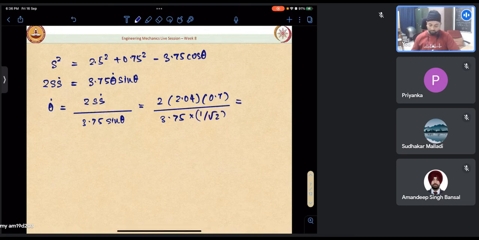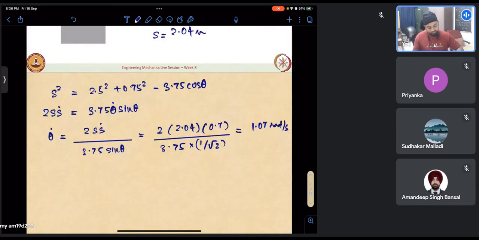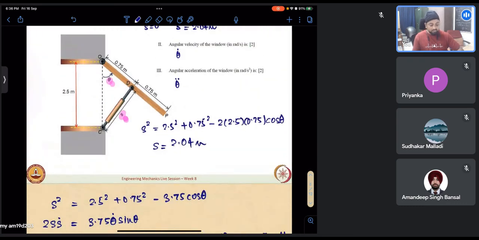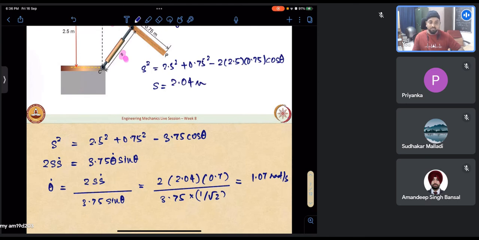What will this come out to be? This comes out as 1.07 radians per second. So far so good. We can see here that when S increases, theta also increases from the geometry, how it has been defined. So it is positive. It makes sense that it is positive.